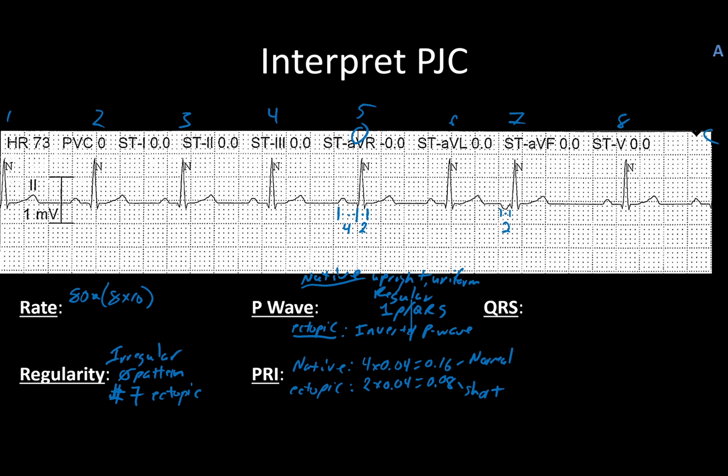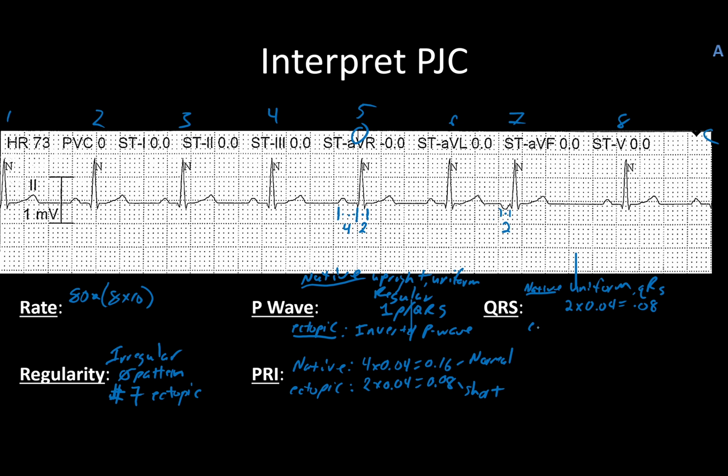All right. So now we'll just take a look at our QRSs, and we'll say native, uniform. We have a QRS pattern, and I measured it out to be 2 before. So 0.08 seconds, that's normal.